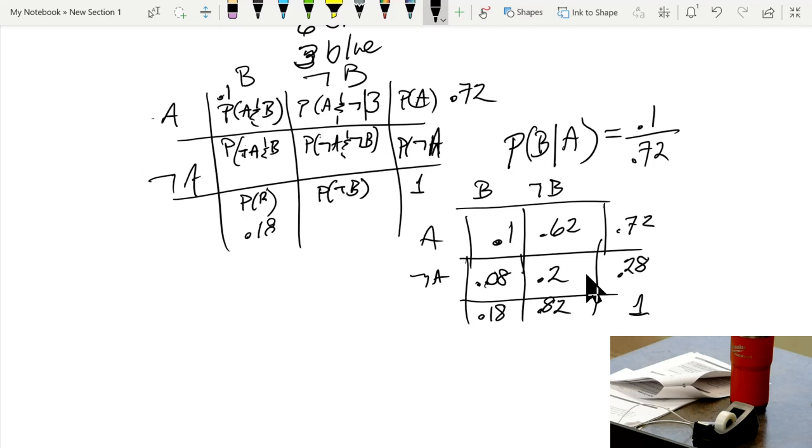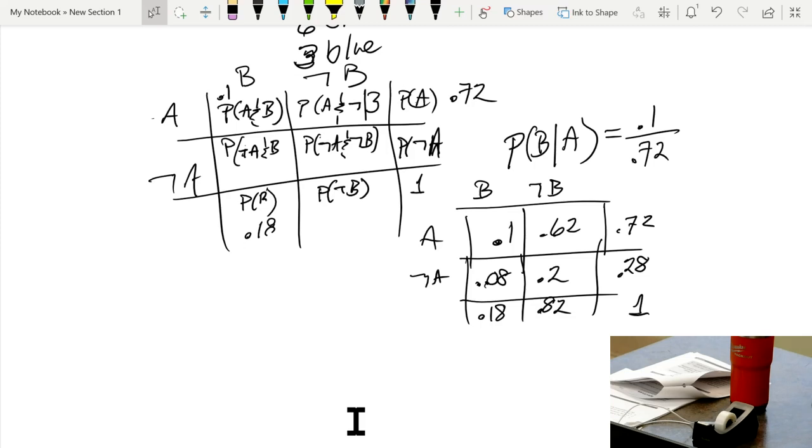Okay, so when you see one of these things, and I've tried to get rid of those problems, but they're kind of embedded. This is what it is. Just fill out the rest of the table, figure out the probability they want. Here's the probability of B given A. We're in A. This is B, 0.1 over 0.72.